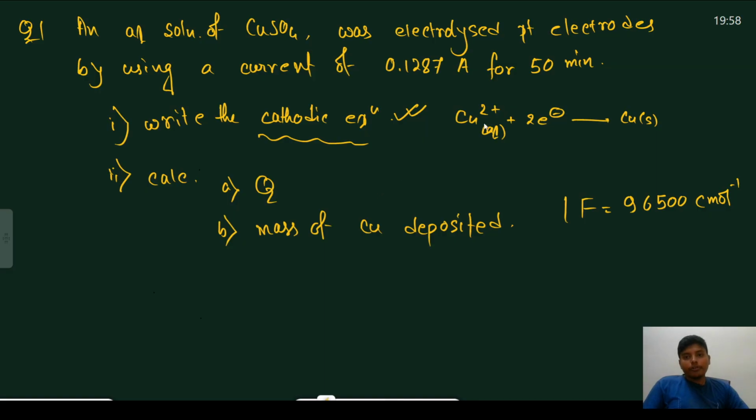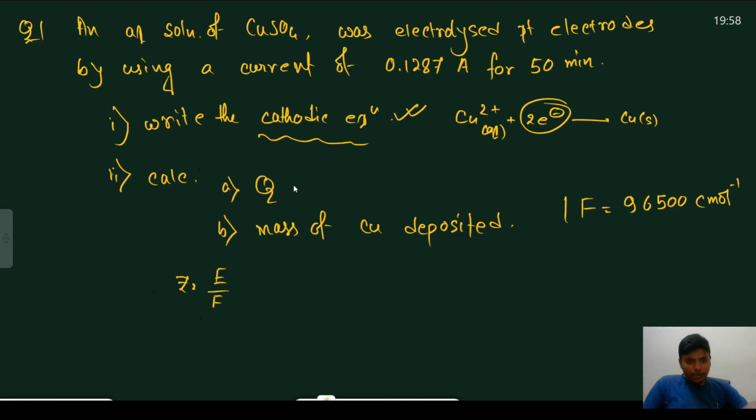Clear or not? From here you can see copper's valence is 2. So the Z value is equal to E by F. We'll calculate one by one.